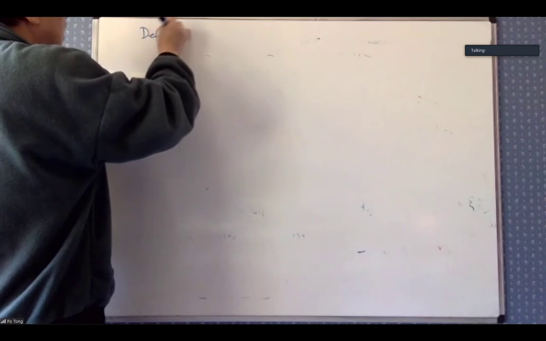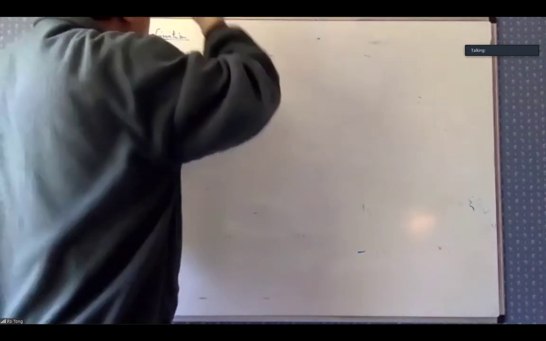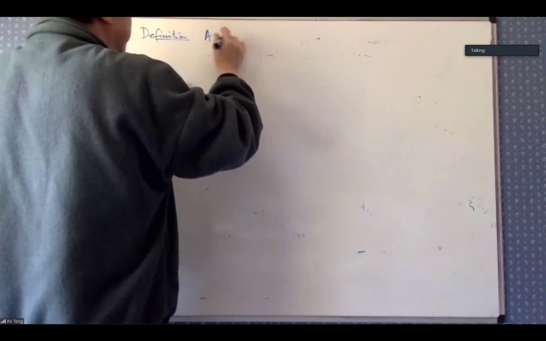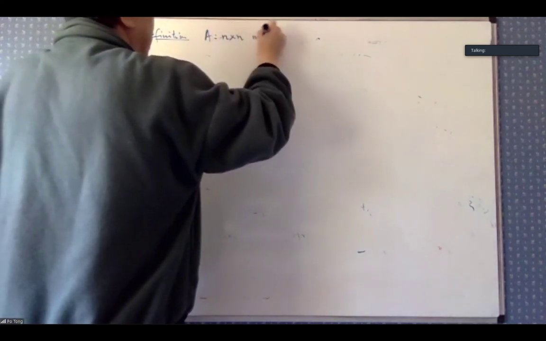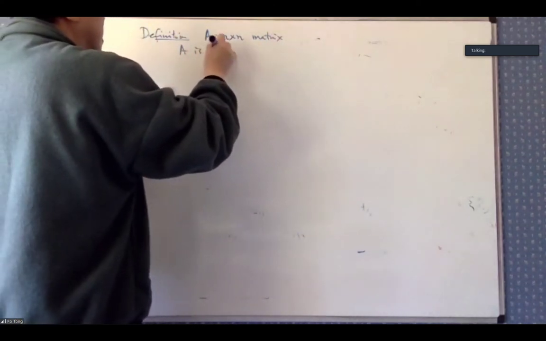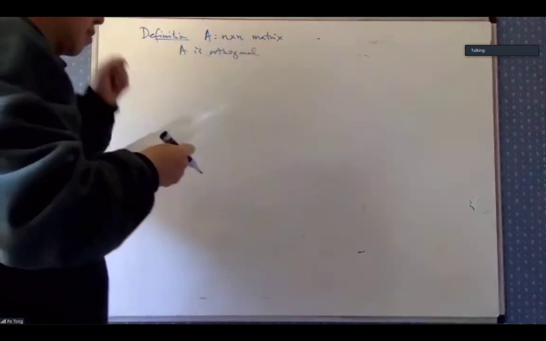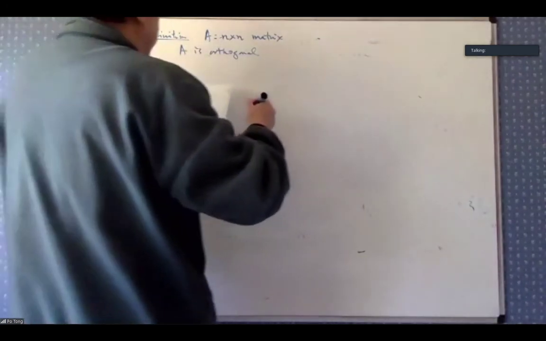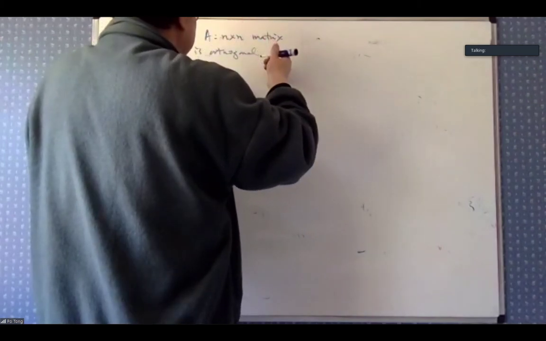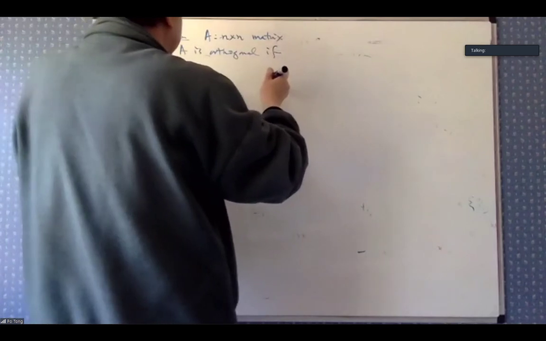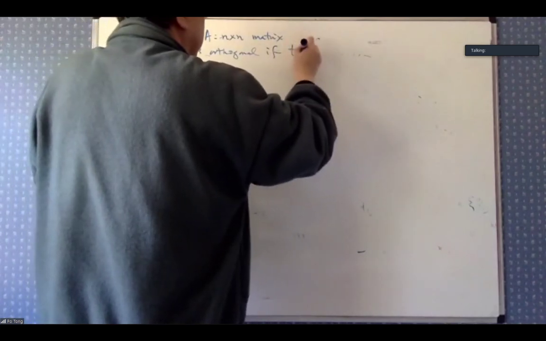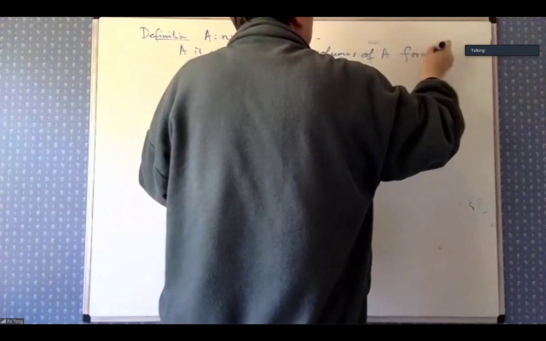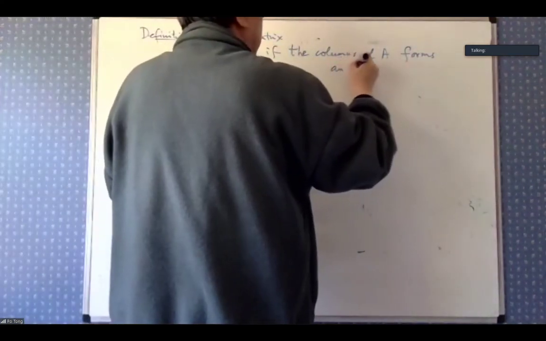Definition. A is orthogonal if the columns of A form an orthonormal set.